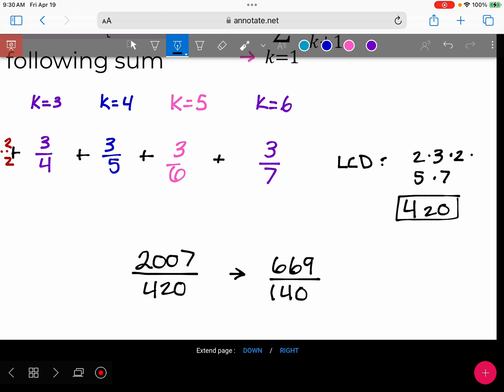If you want to take the 4 and the 7 and get a common denominator of 28, totally fine. If you want to take the 2, 3, and 6, great. If you want to take the 5 and the 7, go for it. As long as you add all of them up together, you should wind up at 669 over 140.